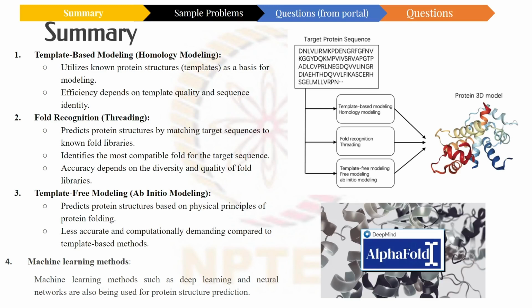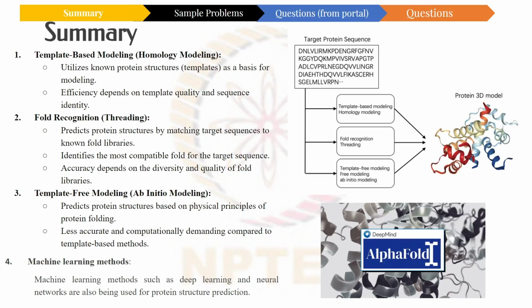This method relies on the assumption that protein structures are more conserved when their sequences are conserved, or similar. Therefore, two proteins with similar sequences are likely to have similar structures. The homology modeling method requires a template structure with high sequence similarity to the target protein and can generate accurate models when the template is of high quality.